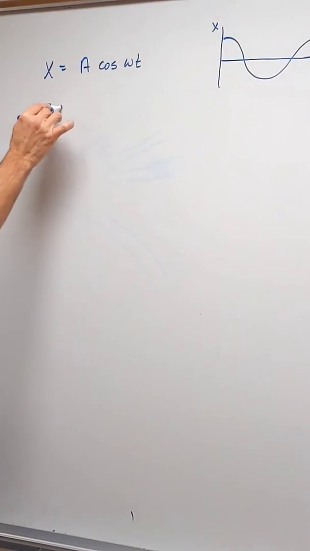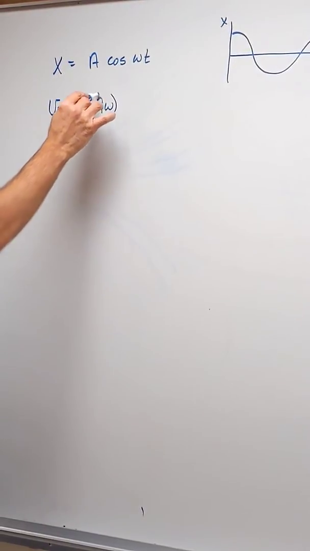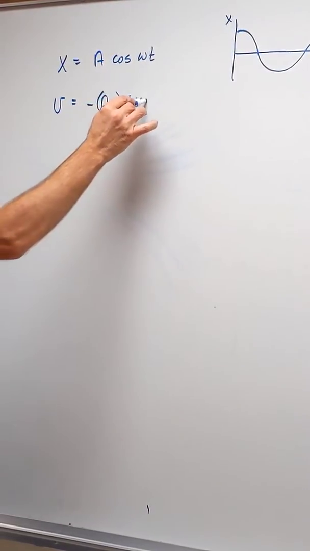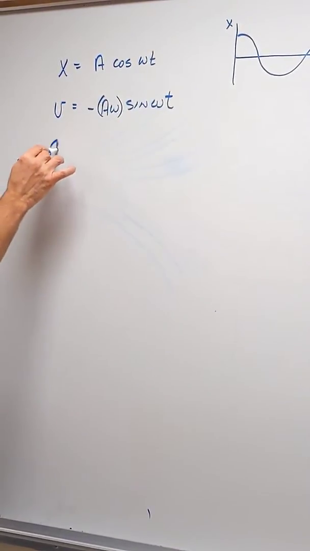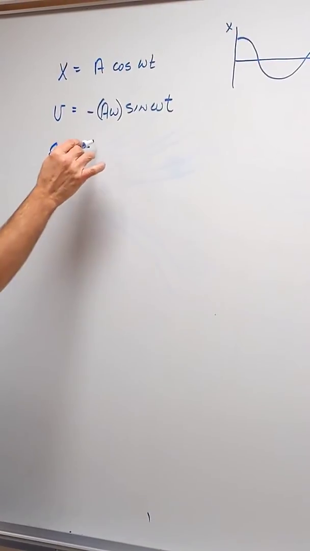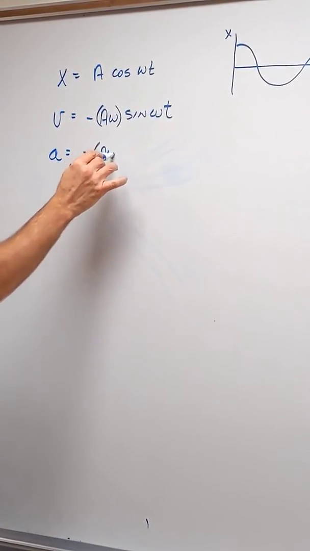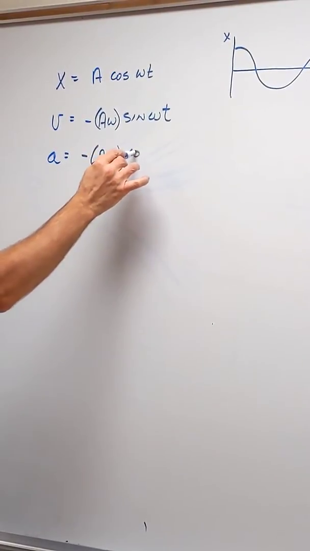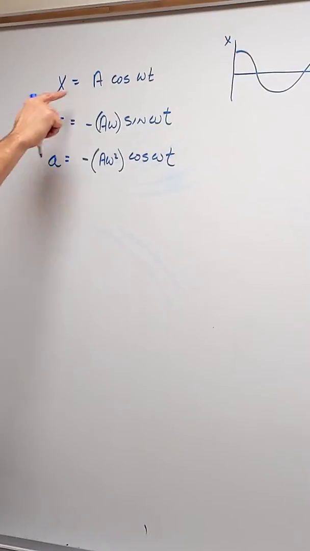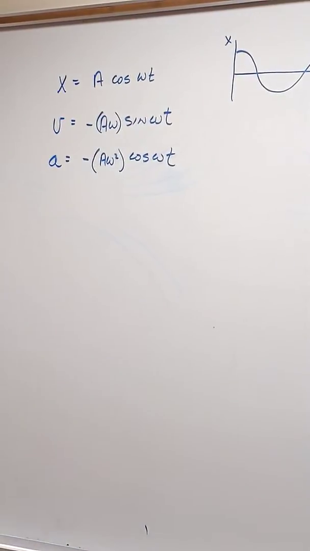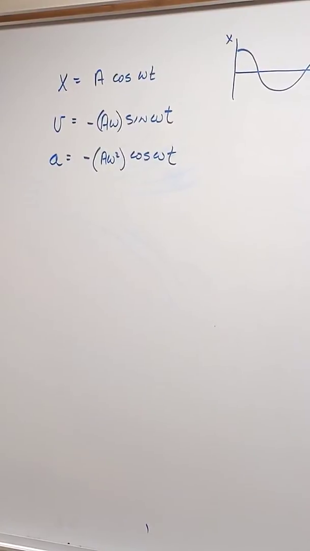And then velocity ended up being negative a omega sine omega t. And acceleration ended up being what? Minus a omega squared. And those also have sines and cosines to describe how the velocity changes with time and how the acceleration changes with time.